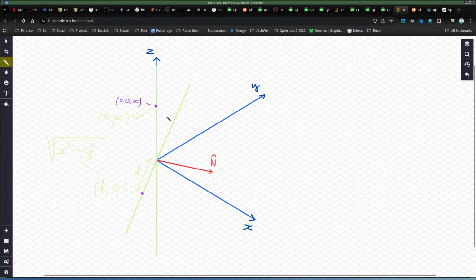So any point in this plane, for example, I don't know, this point here, I'm gonna call this y and this x.